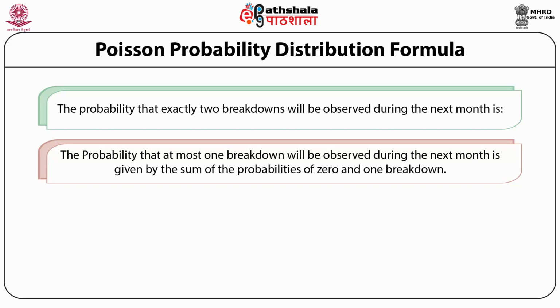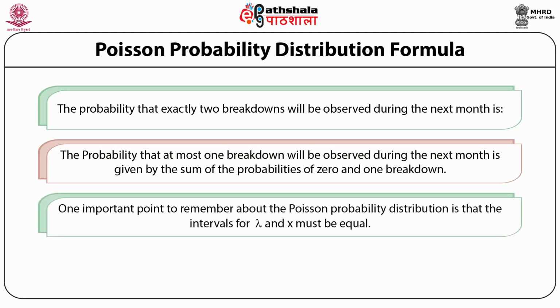Write down the formula: take x equal to 0, where lambda is the same in both cases, then x equal to 1, and calculate the probabilities and add the two. One important point to remember about the Poisson probability distribution is that the intervals for lambda and x must be equal.